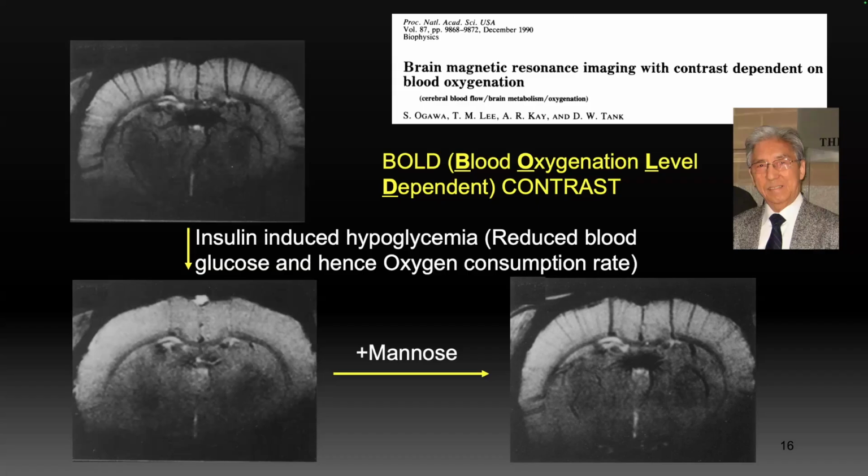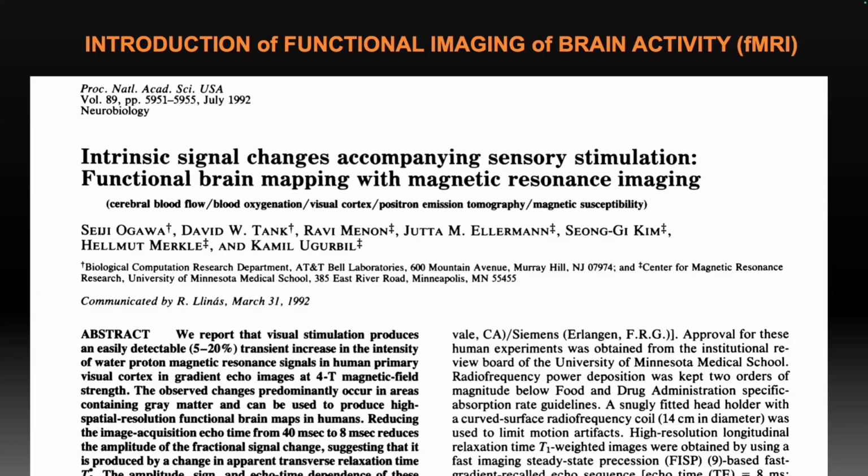That idea was used in our lab in Minnesota with Seiji's participation to demonstrate, this is the first fMRI paper coming from our lab, that you can actually use this particular effect to detect functional images. And of course, you know that at the same time, an independent and parallel study from MGH also presented the same discovery.